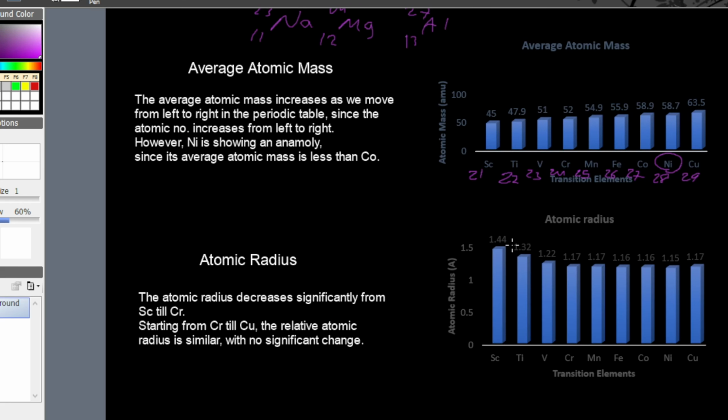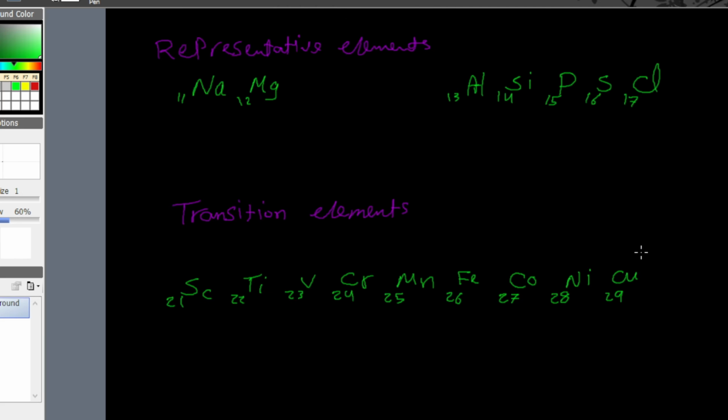So how about the atomic radius? As we can see, the atomic radius decreases significantly, starting from scandium with 1.44 angstroms till chromium 1.17. So we can see a significant decrease in the atomic radius. But in case of chromium till copper, we can see that there is nearly no change in the atomic radius. The decrease in the atomic radius as we go from left to right actually makes sense, because the effective nuclear charge in case of sodium here is low.